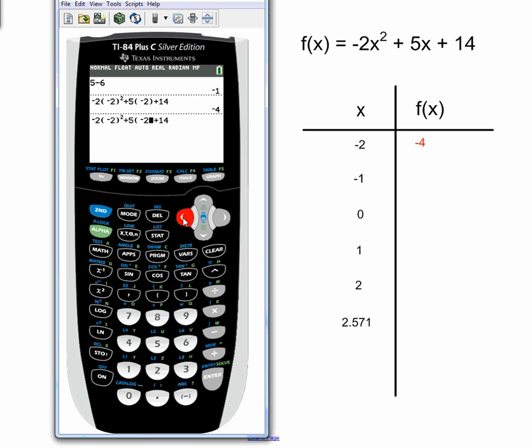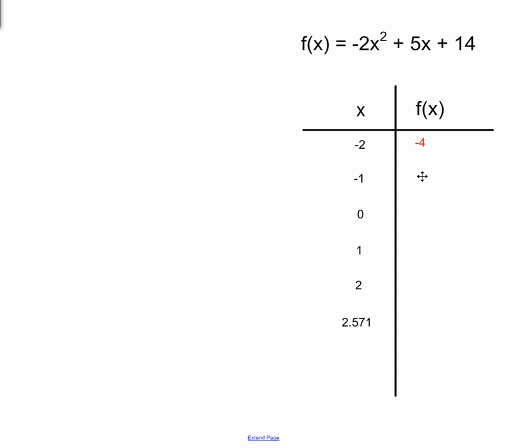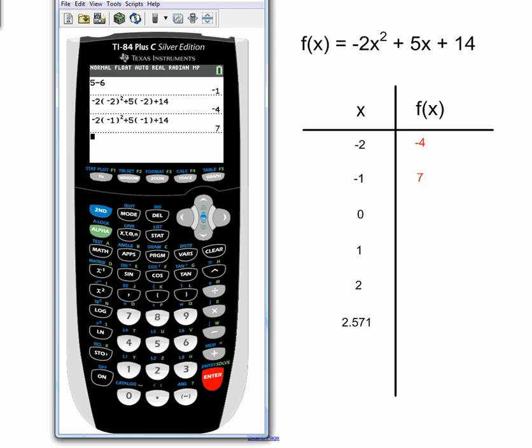So I'm going to go here, and instead of -2, I'm going to put in -1. And here there was a -2, and I want that to be a -1 as well. It just overstrikes automatically. So as soon as I hit enter, I get 7. I can verify that. -1 squared is 1 times -2 is -2. Minus 5 is -7. 14 minus 7 is 7. So that's confirmed by the graphing calculator.